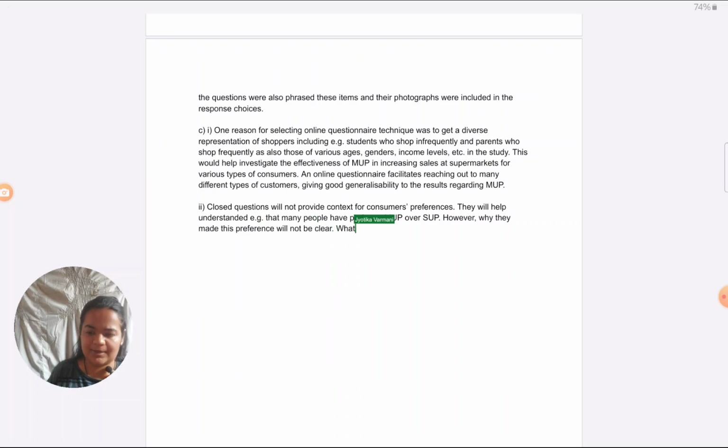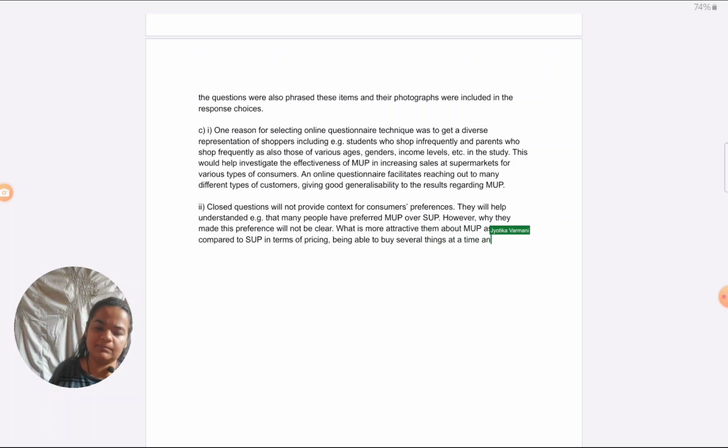What is more attractive to them about MUP as compared to SUP in terms of pricing, being able to buy several things at a time and save shopping effort, etc. In some of the reasons which you've seen for why people prefer MUP, you could give those as examples.